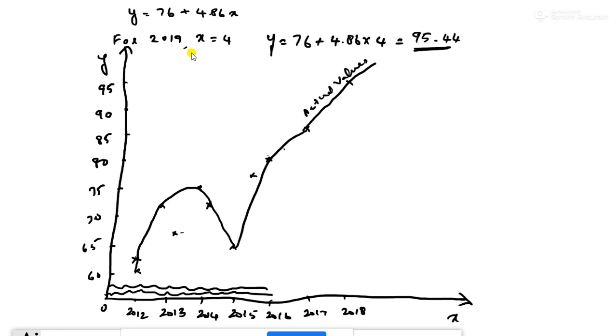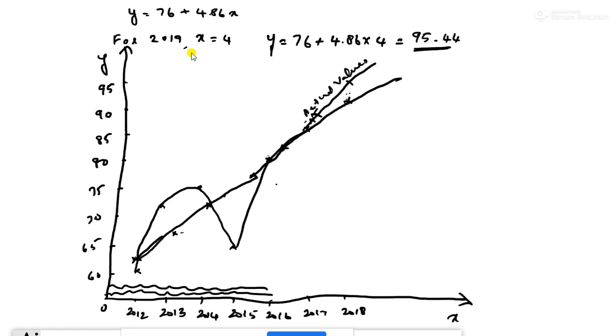Then comes 80.86, then 85.72, then comes 90.8. So when we join these points, you get a straight line.